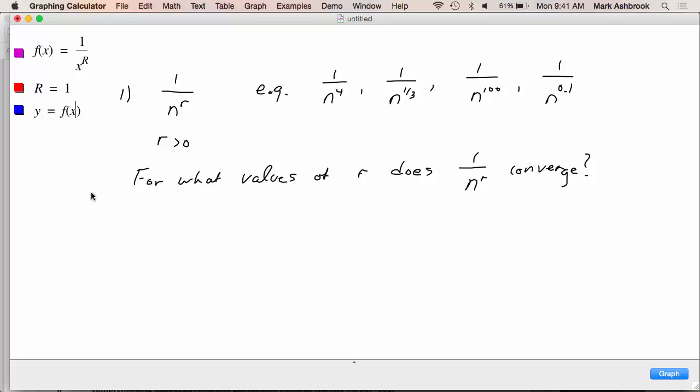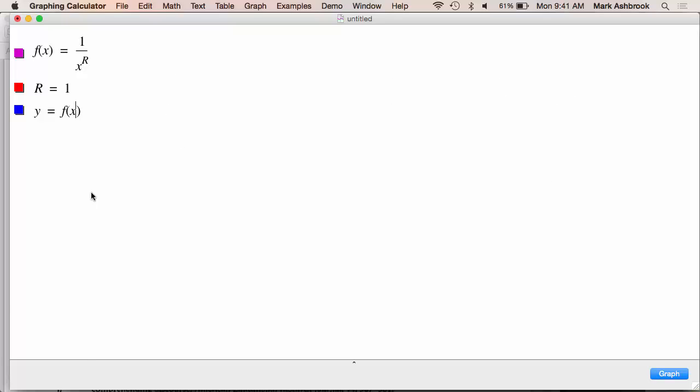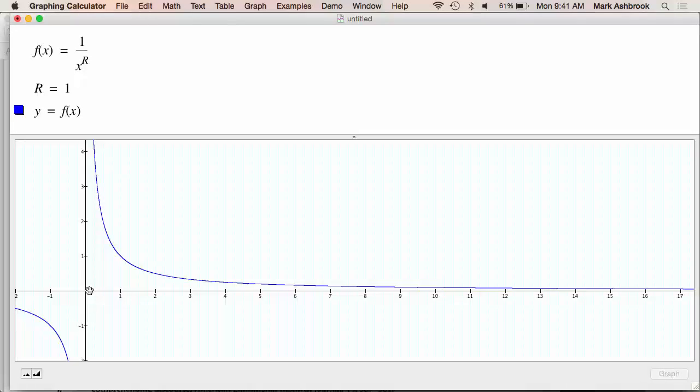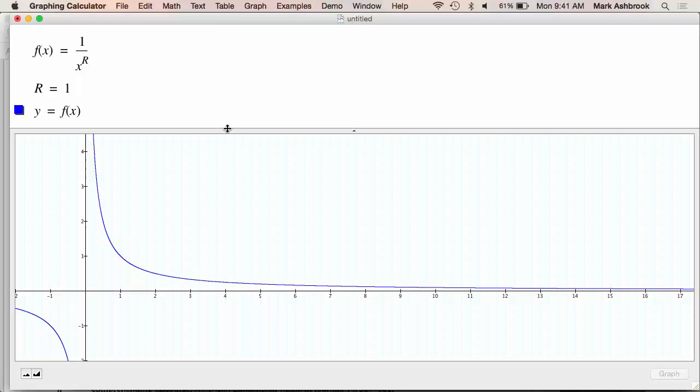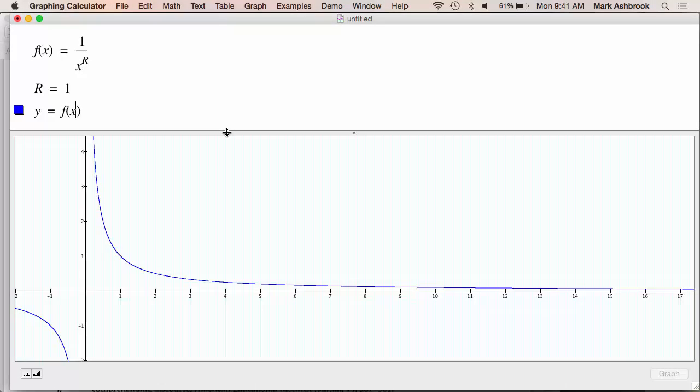Draw it with your finger in the air. Okay, but we're only interested in the sequence, so that would be like the discrete points starting at x equals 1, right?